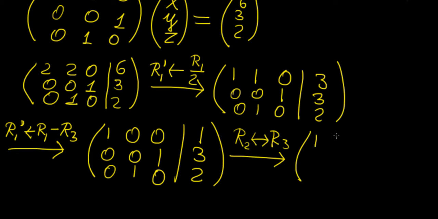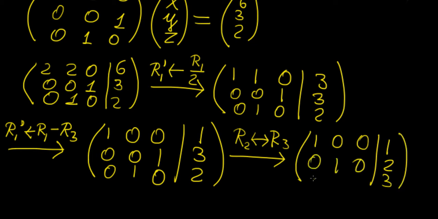And that means that we can now write 1, 0, 0 and 1, 3, 2. And then here we're going to have 0, 1, 0. Actually, I made a mistake, because remember we're swapping rows. So that means that this should be 2 and this should be 3. This should be 0, 1, 0 and then 0, 0, 1. So now we have this form.